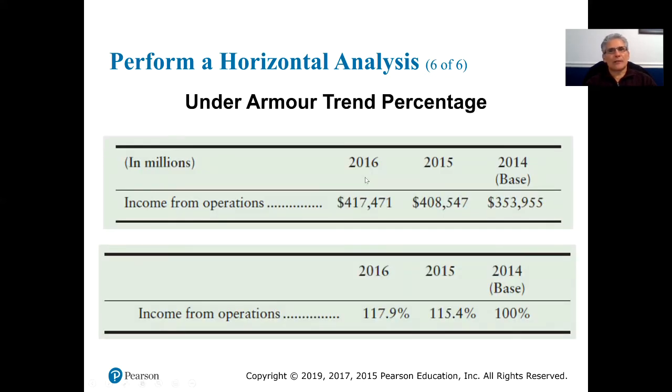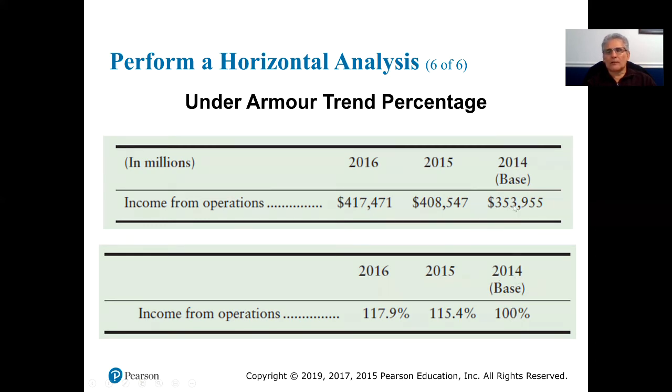So here we have 14, 15, and 16. We're going to look strictly at income from operations. We just plot the dollar amounts for each year. And we're going to identify 2014, or the earliest year, as being the base year. So because 2014 is the base year, we're going to call that 100%.